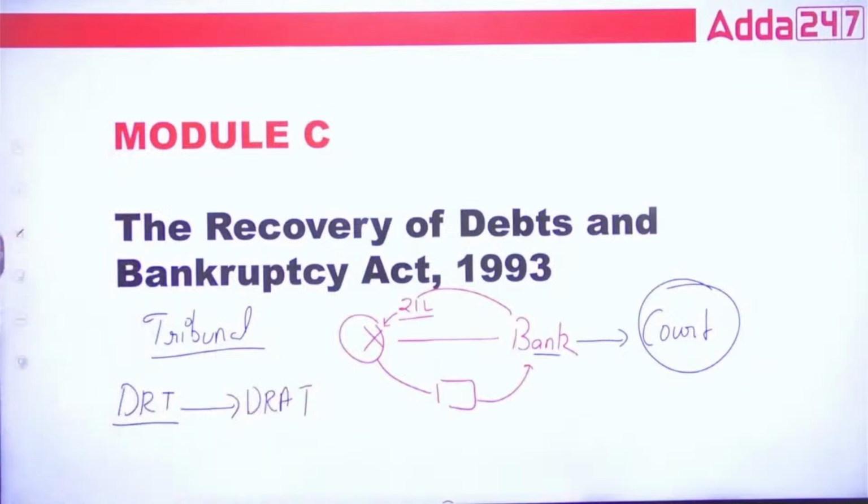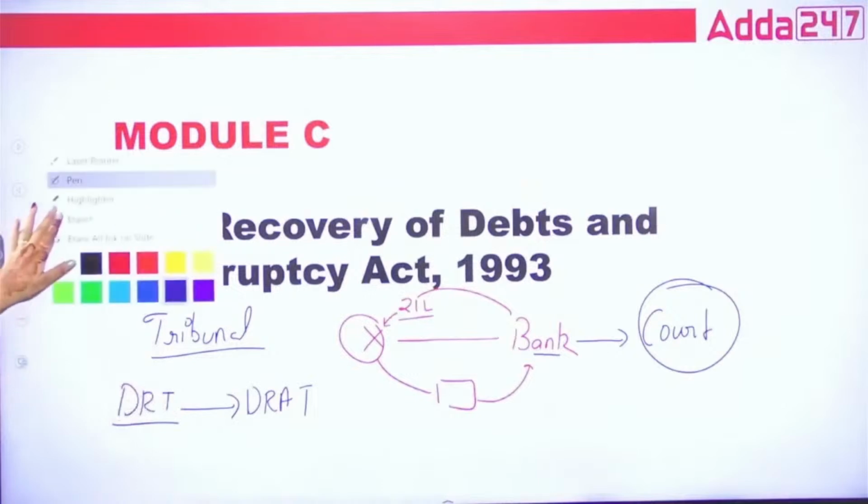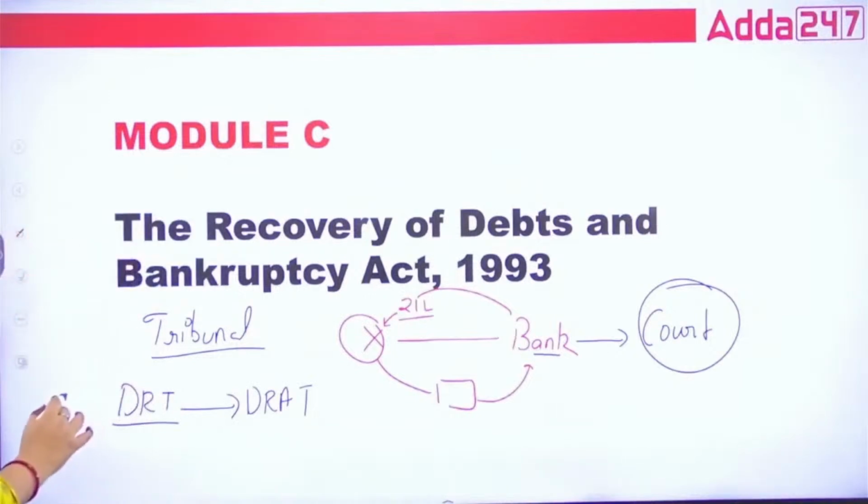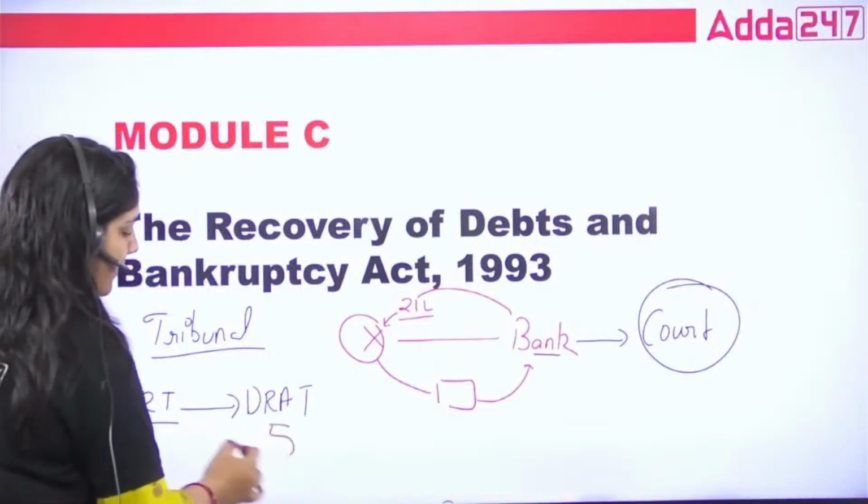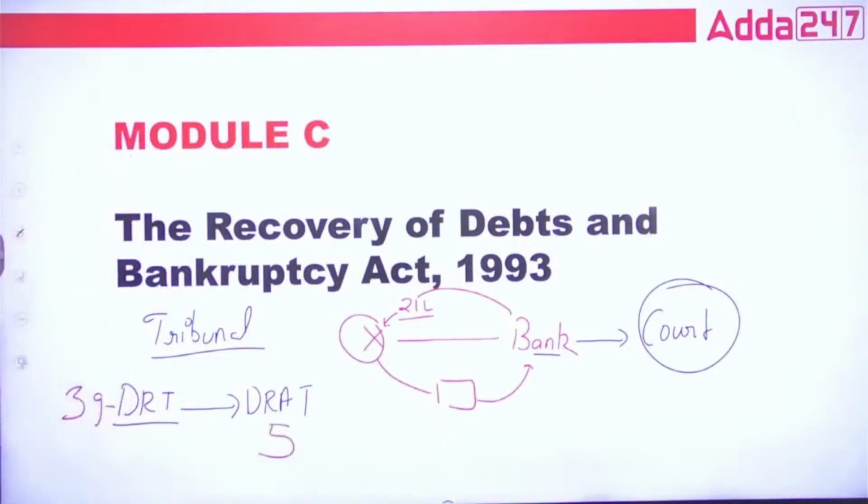It means if we are not satisfied with the DRT, we can go to the DRAT. There are in total 39 DRTs and 5 DRATs in India. How many? 5 DRATs in India. One by one we will study the definitions of this act.